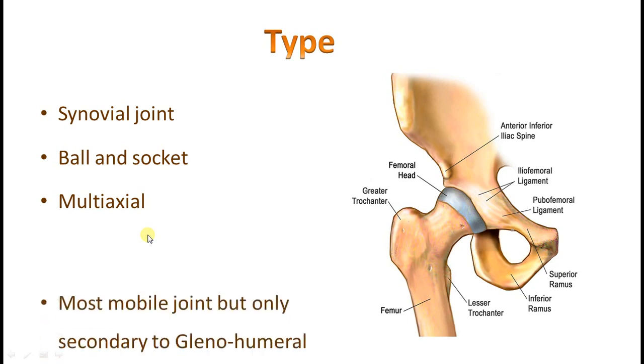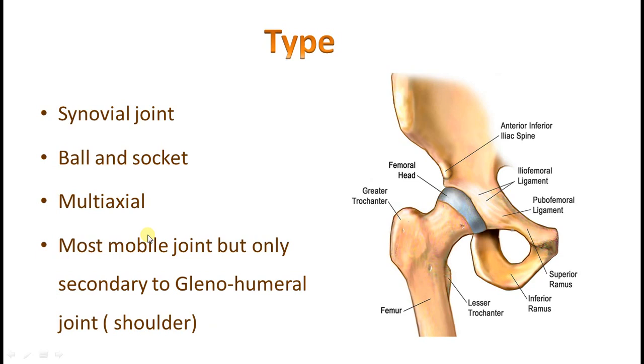Because of its stability, it doesn't mean that it compromises on the mobility of the joint. It is also a very mobile joint as compared to the other joints in our body, only slightly secondary to the shoulder joint.